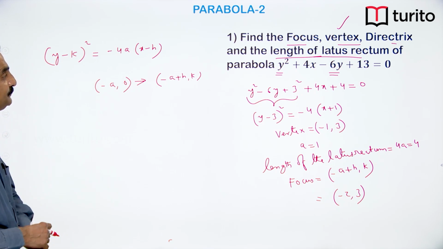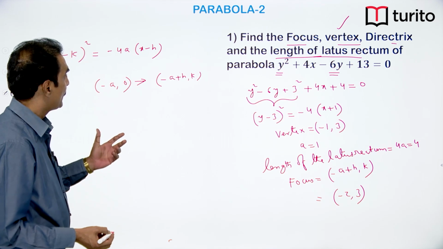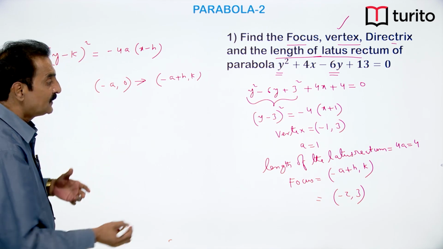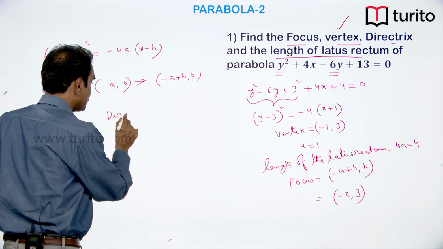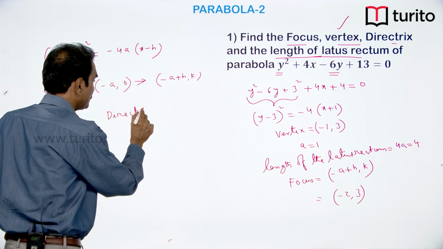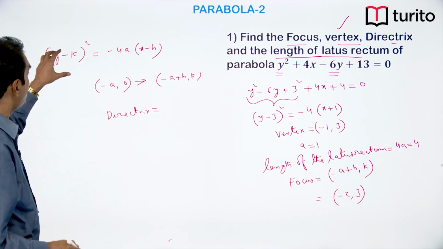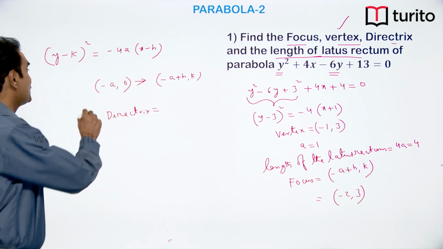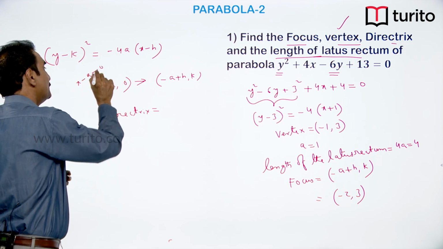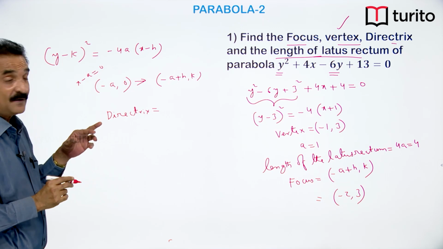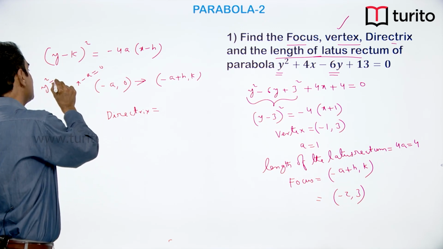Next, what is the next? Directrix. Directrix of this parabola y square is equal to minus 4ax is x minus a is equal to 0.